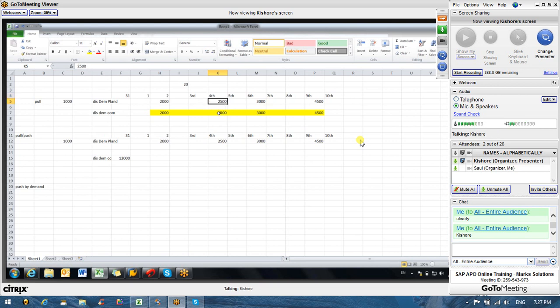So it will also confirm that it is going to send on the fourth only. And here there is a demand of 3,000 on the sixth, so it will confirm it is going to send on the sixth only. So wherever there is a demand on that day, it will try to confirm it.